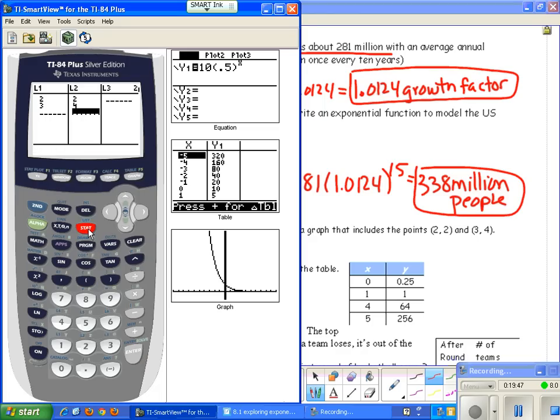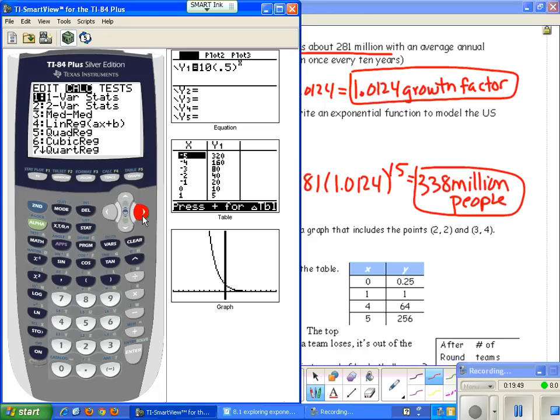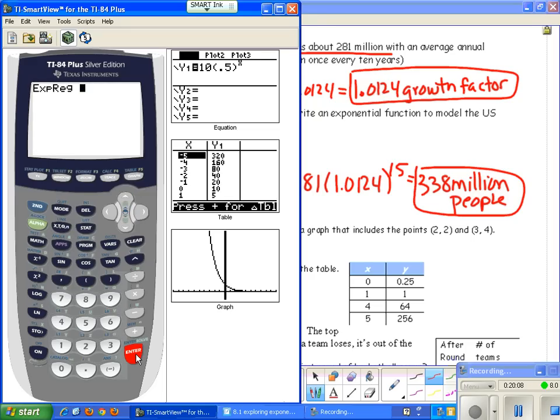If I go to stat and arrow over to calculate, notice that we have linear regression, quadratic regression, cubic regression, quartic regression, and if we keep going, all the way to right here, it says ExpReg, which means exponential regression. If I hit enter and enter, this comes up with my equation. Notice it's y equals a times b to the x power.